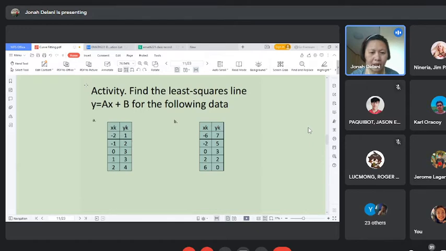We have values of x and y, negative 2, 1. And we are to find a linear fit for that.